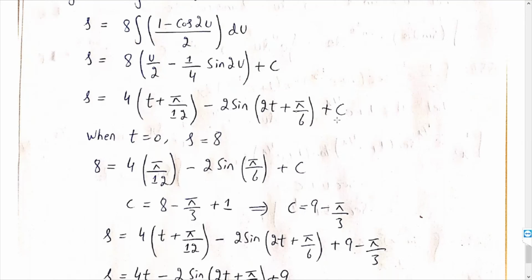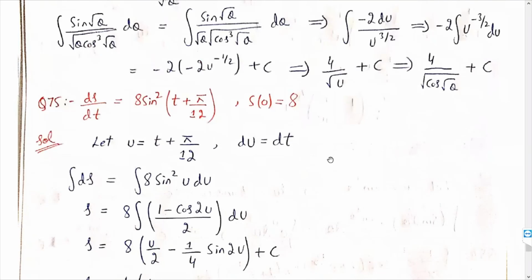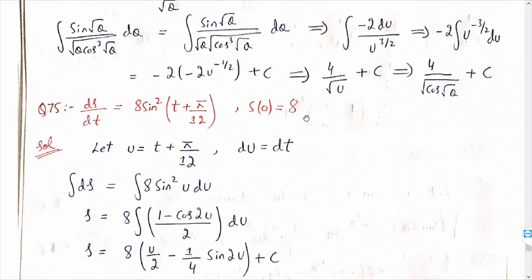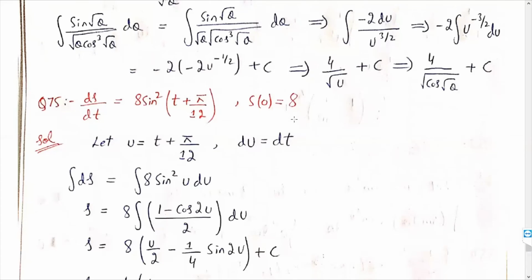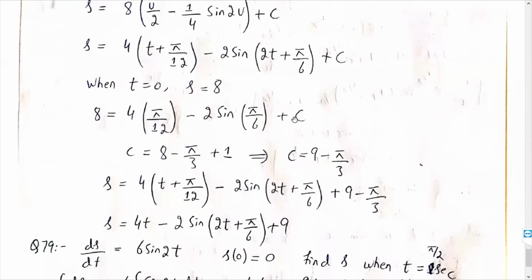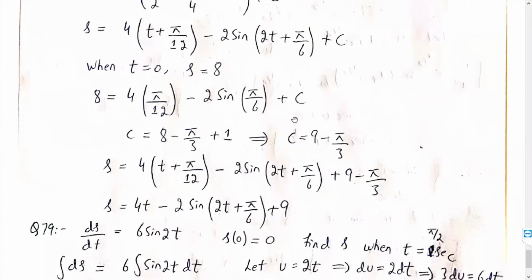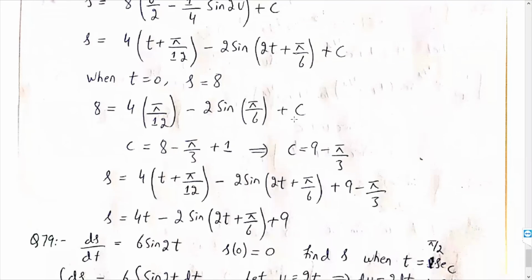Now we have to find the value of c. How can we find this value? By using the initial condition. This says that when t equals 0, the value of s is 8. Substitute t equals 0 and s equals 8.